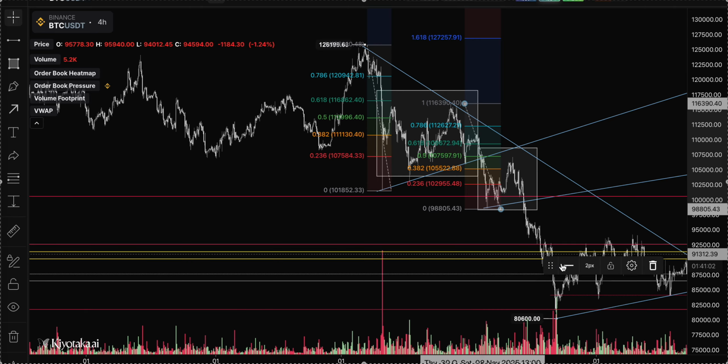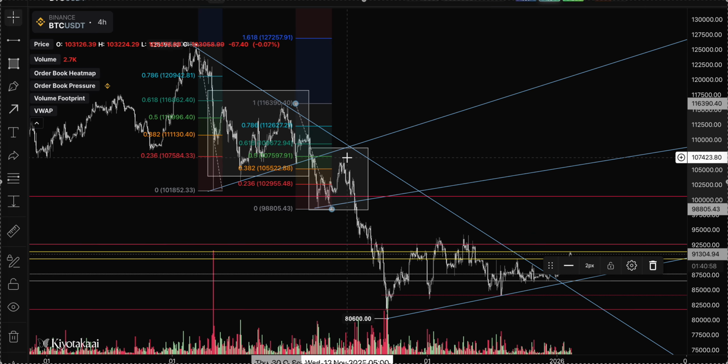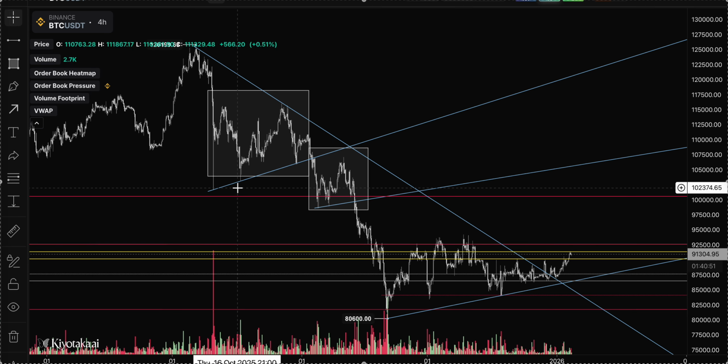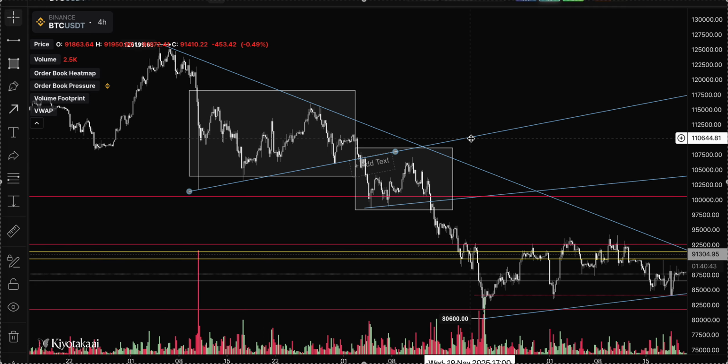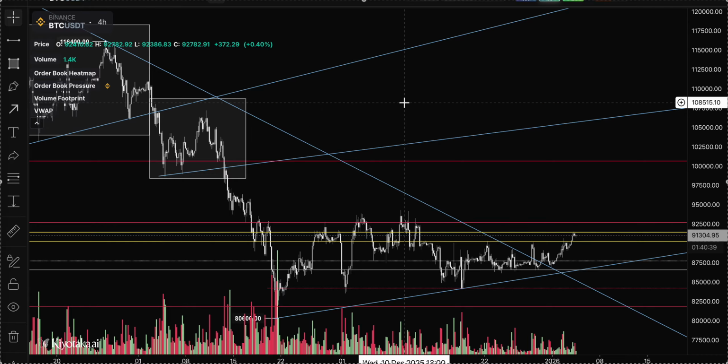Then you have another swing high here, and another swing low. So you just take the highest point of the swing and the lowest point of the swing and draw your Fibonacci retracement. And then you're going to trade up. You can find a very detailed explanation in my last price action article. It's pinned in my X profile.